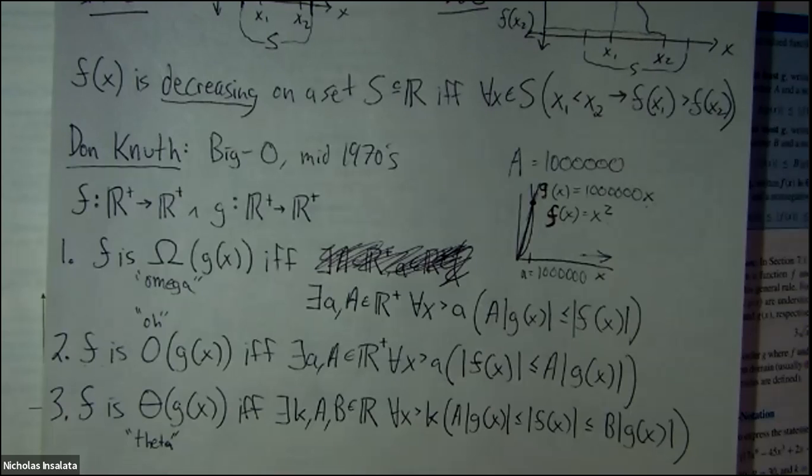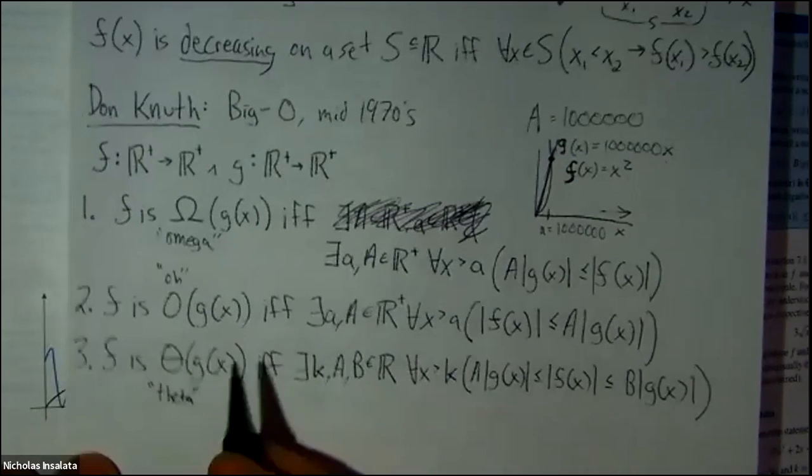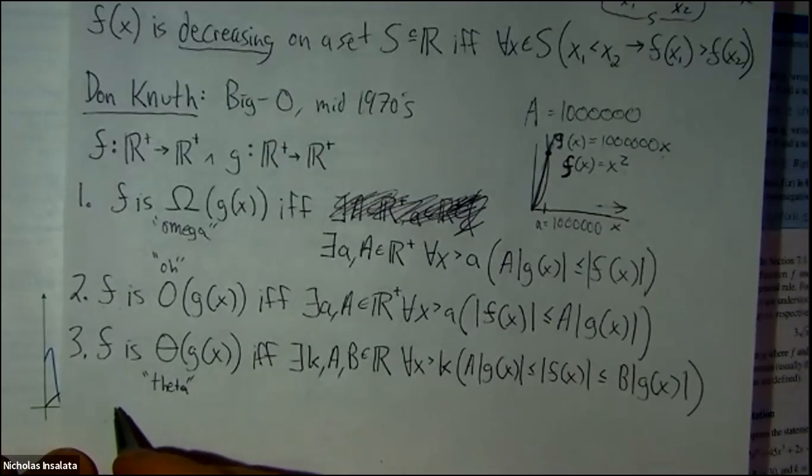Yeah, linear, right? So f could be 2x, and then f of x would be big theta of just g. So let me do an example here. Let me write it down, because if I say it aloud, we're all going to get confused.